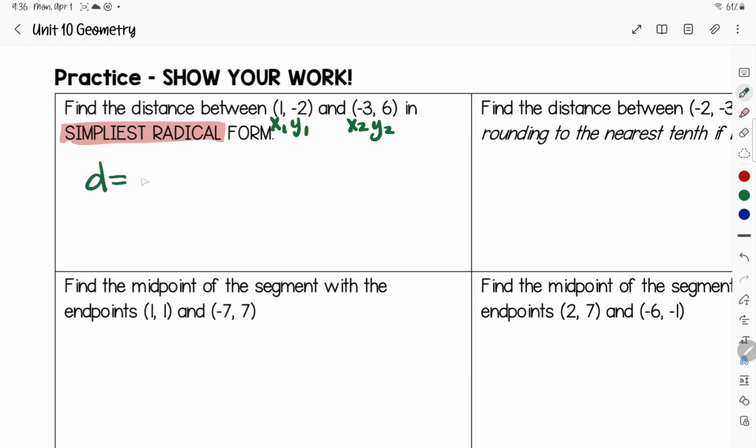So the distance between these 2 points is the square root, and I want this written out in your notes, please. The square root of negative 3 minus 1 squared plus 6 minus negative 2 squared. Let's see. 3 minus 1, 6 minus negative 2.